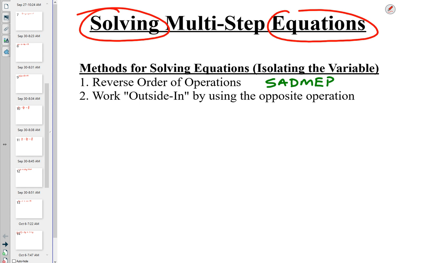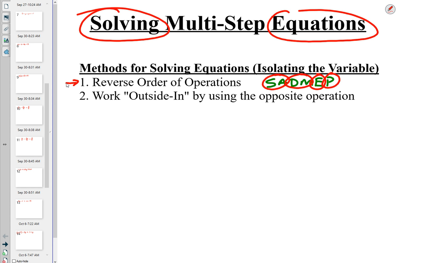So how do we get more than one operation to cancel in order to isolate the variable? Well, most books will tell you to go reverse order of operations, which we talked about. Do SADMAP. Get rid of adding and subtracting first, then get rid of multiplication and division, then exponents and then parentheses. But that can be confusing for some children, especially with those parentheses.